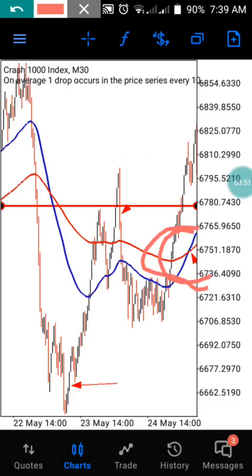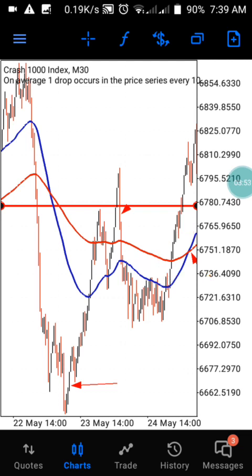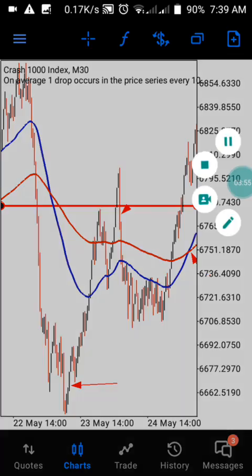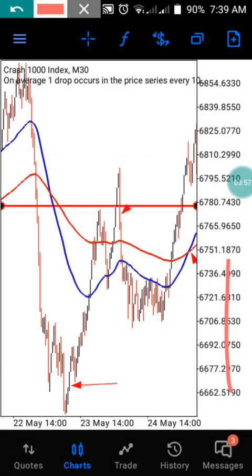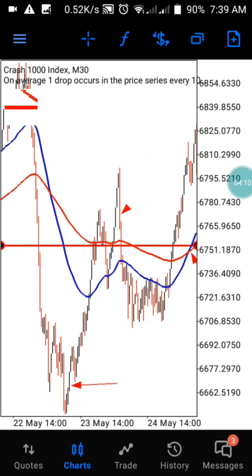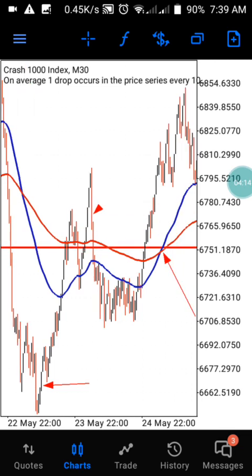So you allow your price to reach that level, and you find your average level from this place, which is going to be 1, 2, 3, 4, 5, 6, 7. So we are having 7 at 6.6751. That is exactly where we are going to place our horizontal line.